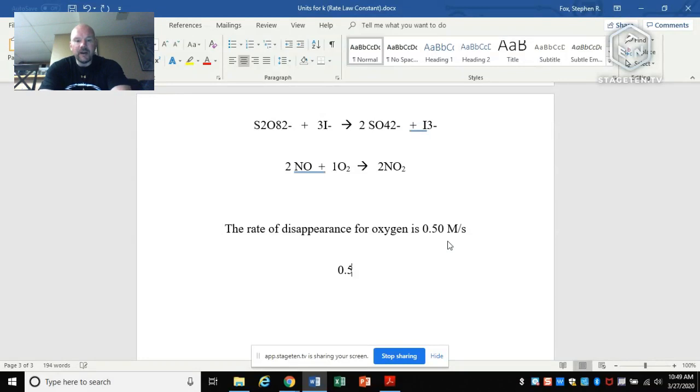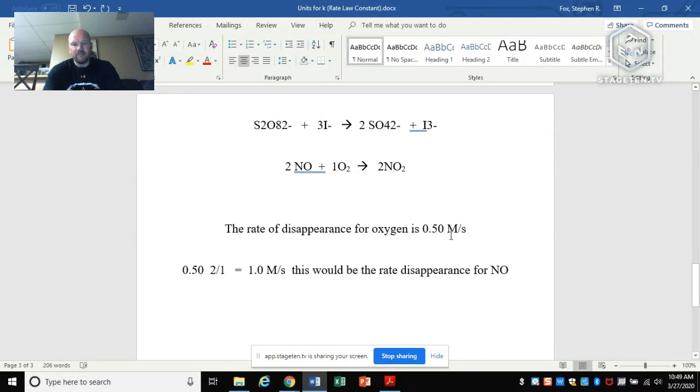Well, if I take 0.50 and multiply it by my mole ratio, 2/1, that'll give me 1.0 molar per second, and this would be the rate of disappearance for NO. So if I'm losing oxygen at a rate of 0.5 molar per second, times 2/1 is how fast I'm losing the NO. And then also times 2/1, 1.0 molar per second would be the rate of appearance for NO2.